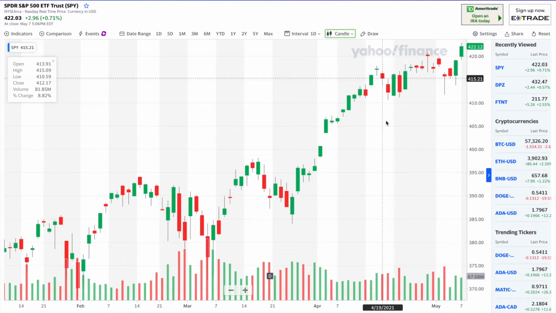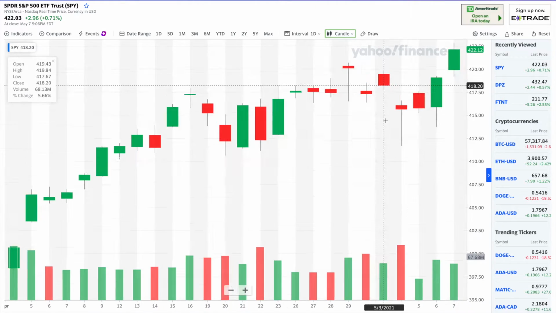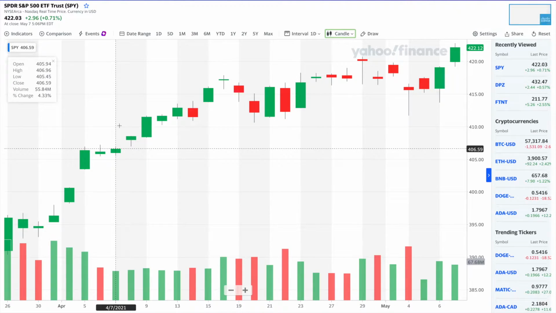So I'm going to zoom in on this to give you a better view. This chart here is a daily chart. Each one of these bars or candles is one day. The green candles mean that day was higher than the previous day, and the red candles mean that day was lower than the previous day.